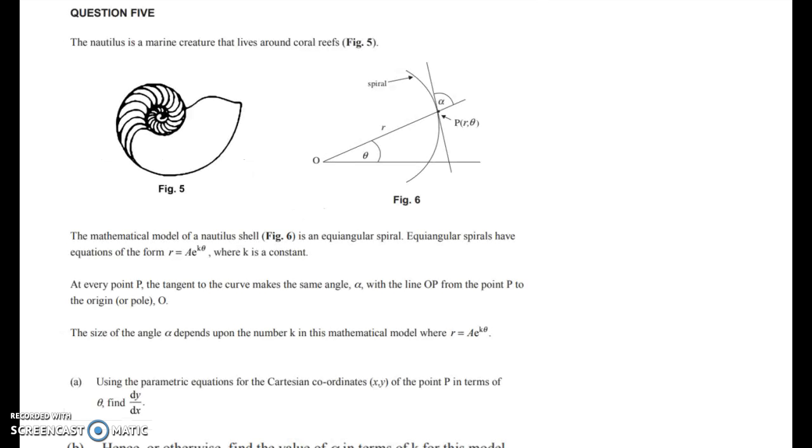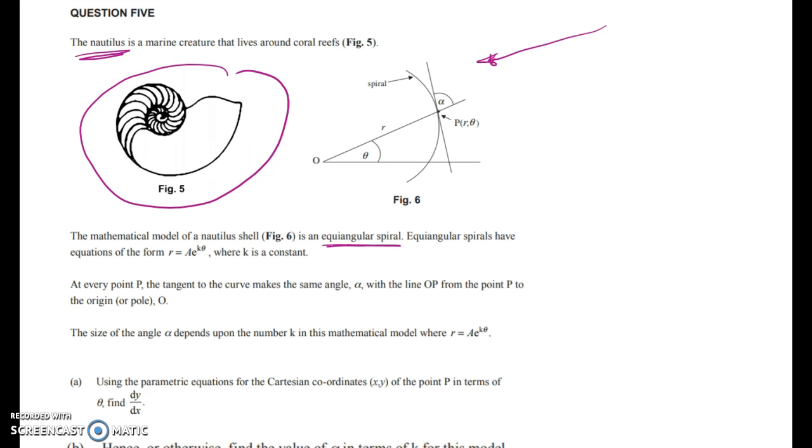So here we go. We've got a question about a nautilus, a marine creature, and the model for its shell is an equiangular spiral. We've got a picture of the shell here, but this is the diagram we're interested in. These spirals have got equations of this form here. K is a constant, and theta is going to change as the spiral goes around.